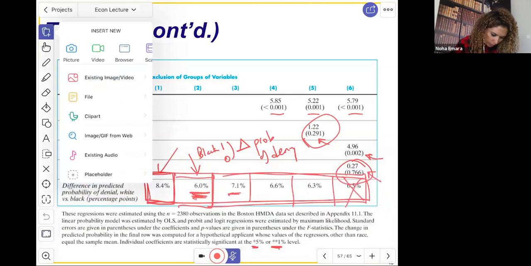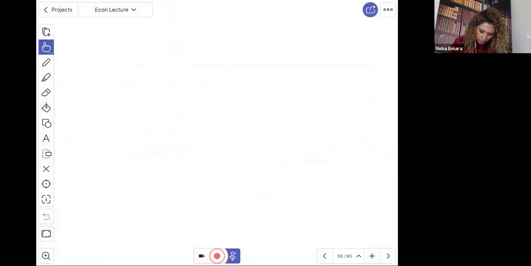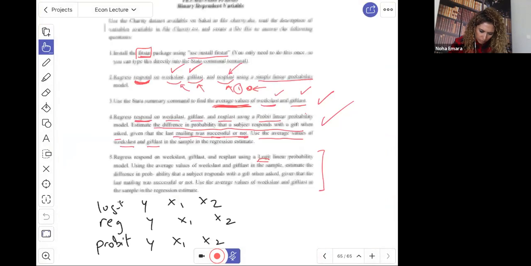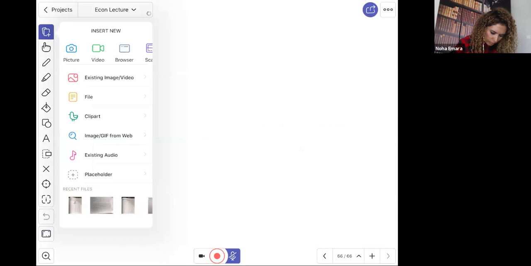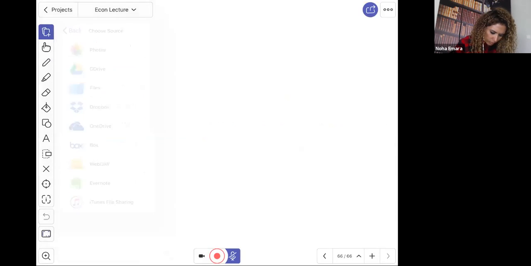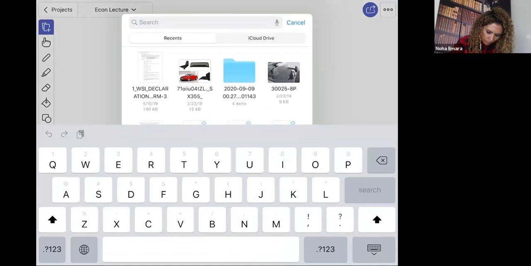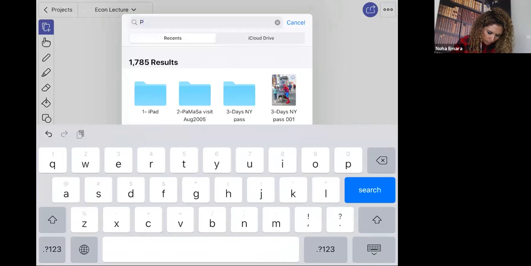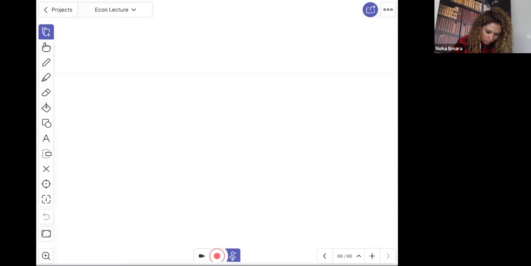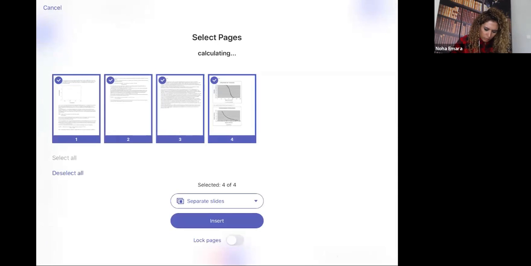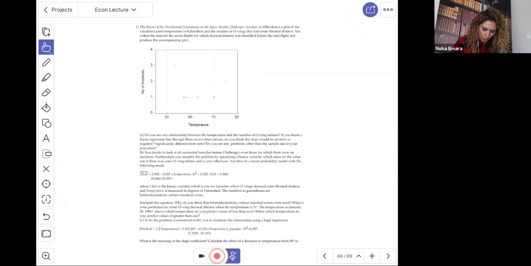Let me try to get it here. Okay, so this is the practice that you have. It's already on Sakai.